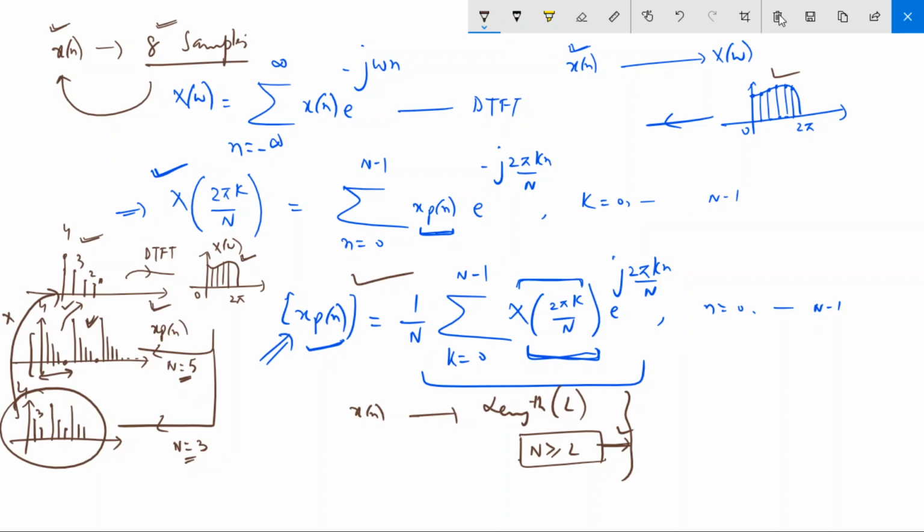If you take fewer than 8 samples, there is aliasing in the time domain. So when you sample in the frequency domain, you get aliasing in the time domain. When you sample in the time domain, you get aliasing in the frequency domain.